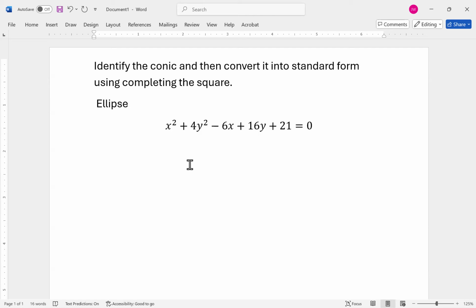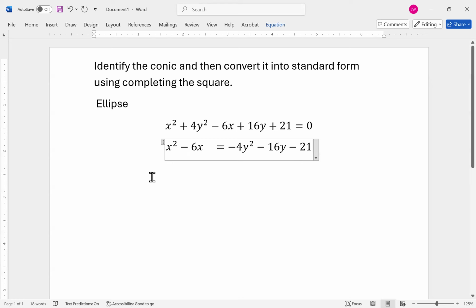So I would keep x squared minus 6x on the left-hand side, and then all of the other terms are going to get subtracted and put on the right-hand side, at least for now.